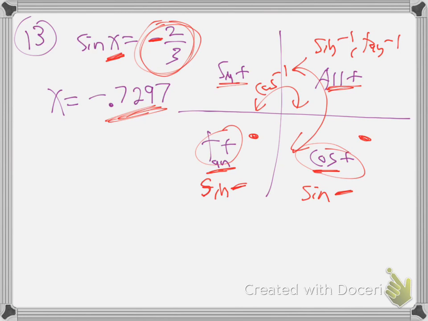That's what your calculator knows. When we hit the buttons on our calculator, for sine inverse and tangent inverse it always gives us these right 2 quadrants, and cosine inverse gives us the top 2. Nobody gives you quadrant 3 directly with the calculator.